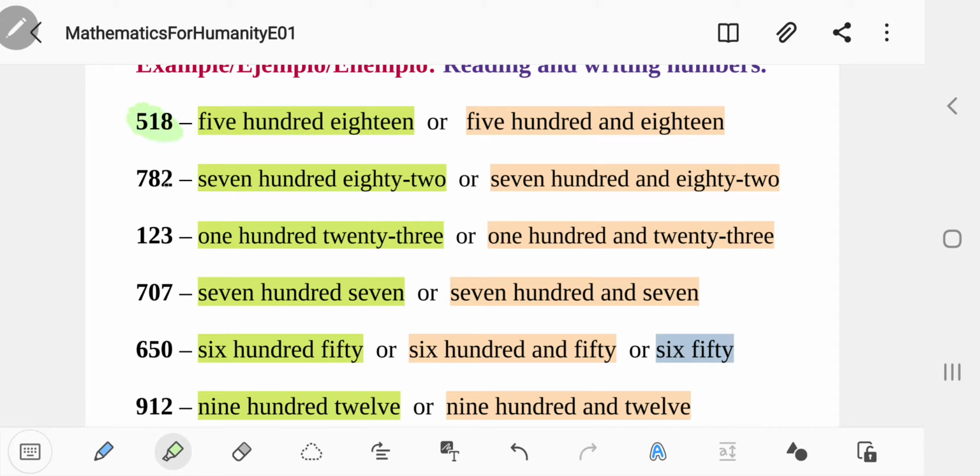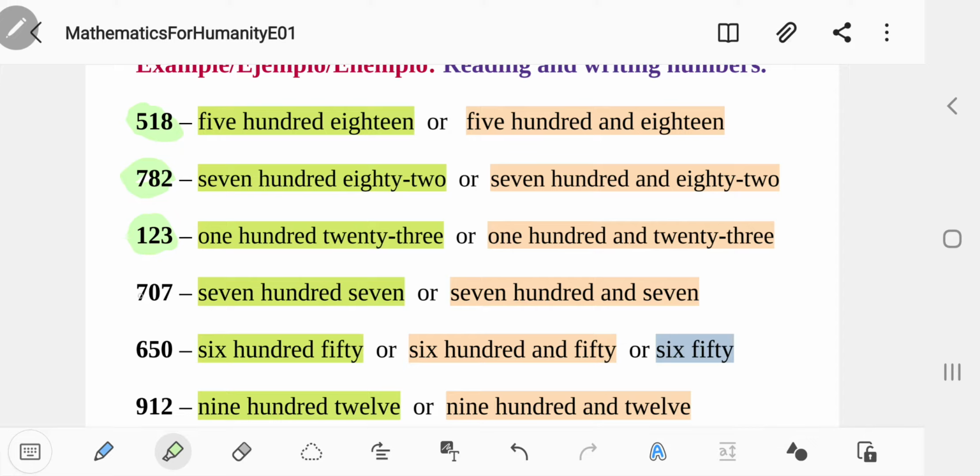This one you can read as 782. This one is 123, or 123 in Spanish or in Espanol.